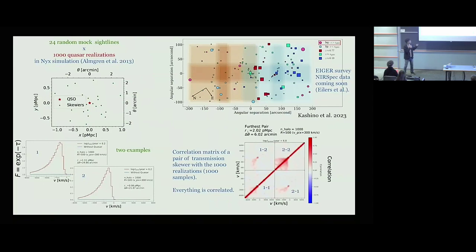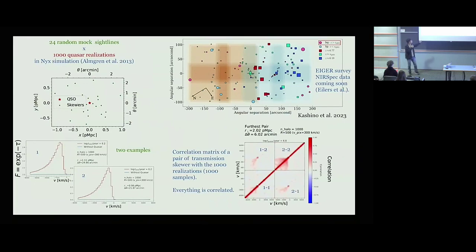Oh, sorry. Okay, here we create a mock field, and the blue points are the sight lines, and we put this in the simulation and derived 1,000 samples for every sight line. So basically, the foreground is lambda alpha transmission enhanced, and the background is opaque.